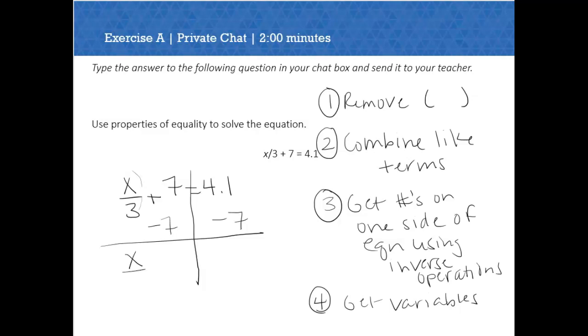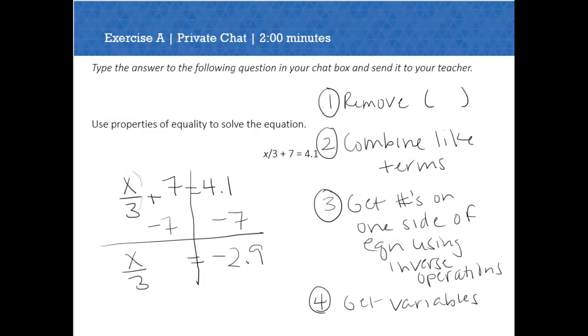So we have x over 3 equal to 4.1 minus 7, which is negative 2.9. Now that the variable term is by itself, we can get rid of this 3. But we had to move this 7 first. So this means x divided by 3.